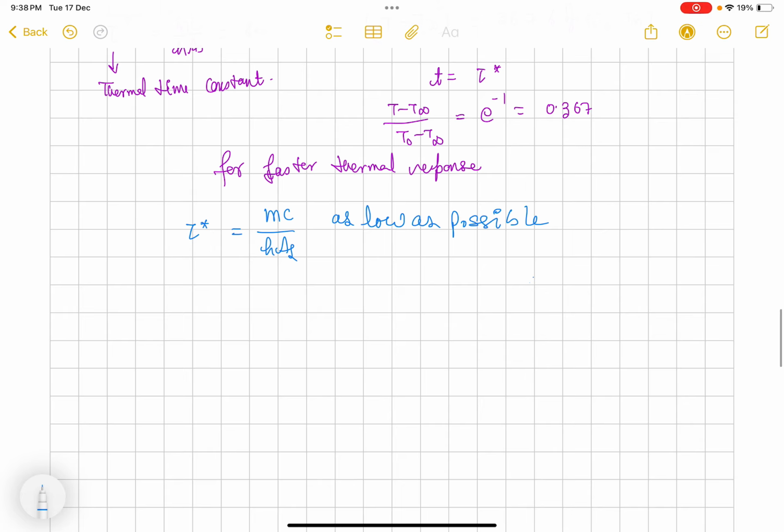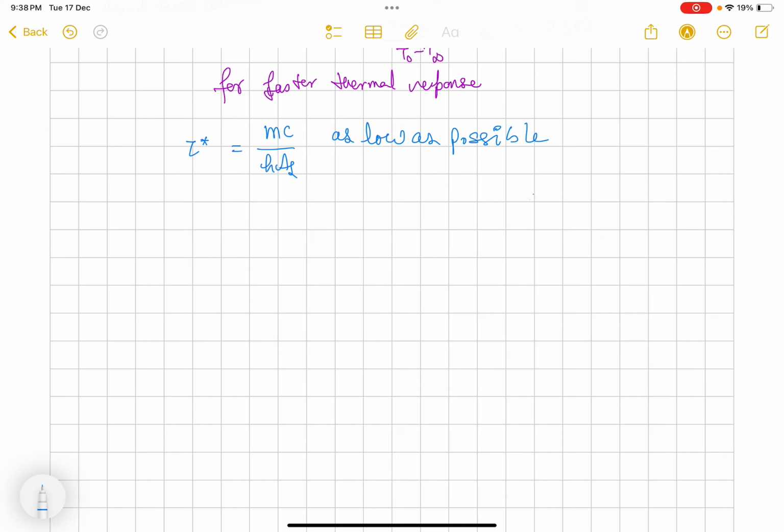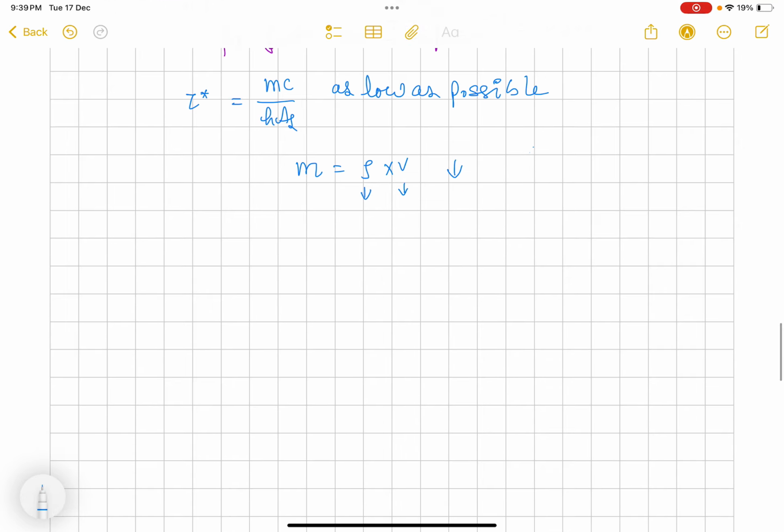And it can be as low as possible when the body has less density, which is also dependent on volume and density. When the body has less density and small size, meaning small volume, so mass is small.